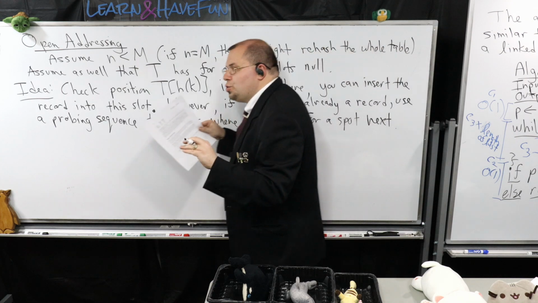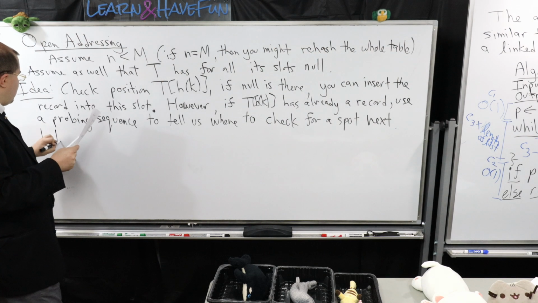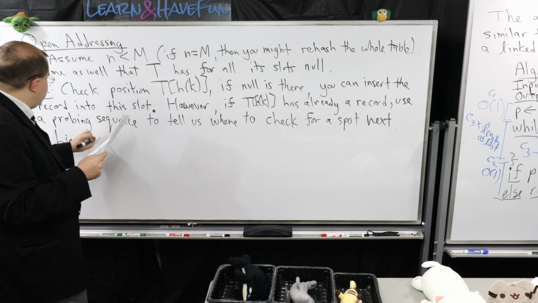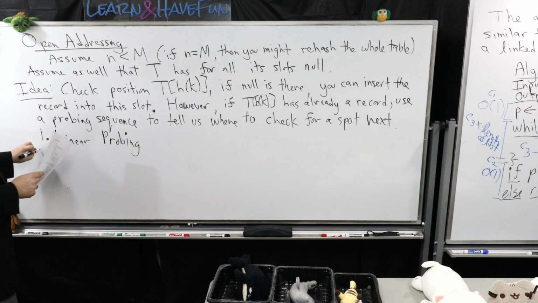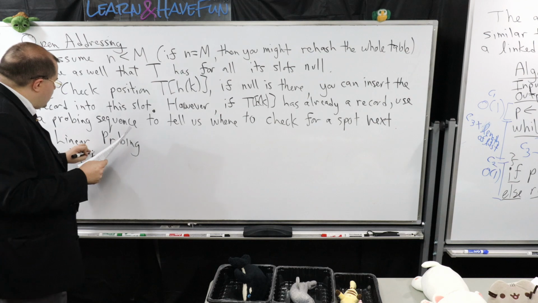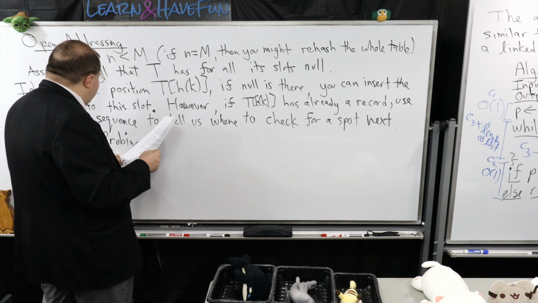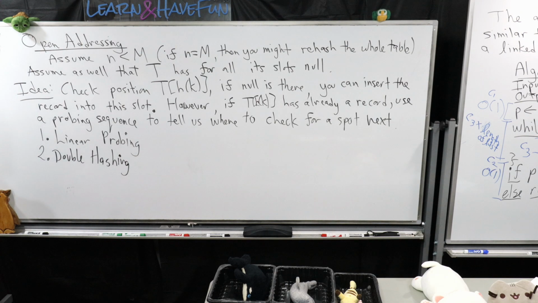So we're going to explore two different ways of doing this in this course. The first one is linear probing, which we're going to talk about shortly here. The second one is double hashing, which deals with a couple of things that will improve the linear probing process.